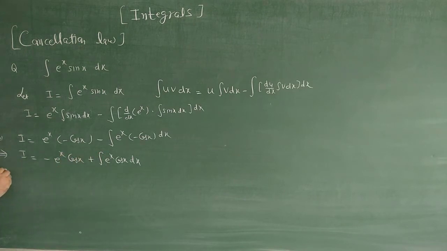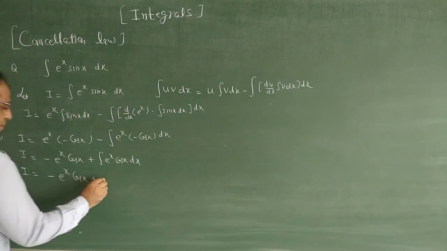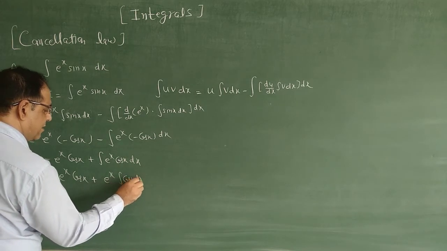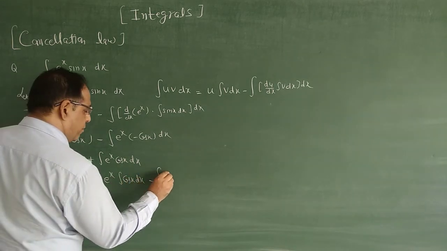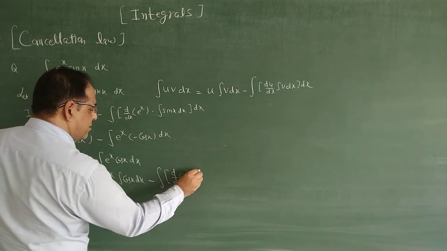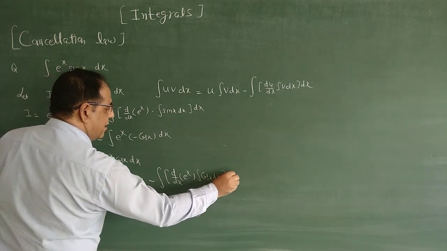Again apply integration by parts. So I equals minus e to the power x cos x plus e to the power x times the integral of cos x dx, minus the whole integral of the differential of e to the power x times the integral of cos x dx.